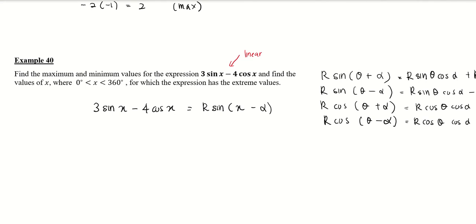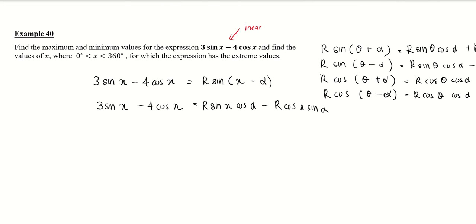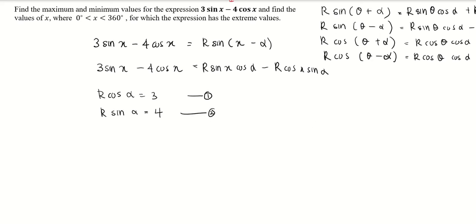And then we can solve this. So r sin x cos alpha minus r cos x sin alpha is equal to 3 sin x minus 4 cos x. So we can compare. If we compare, we get r cos alpha equals 3 and r sin alpha equals 4. So this is the first equation and this is the second equation, and then we can find r.